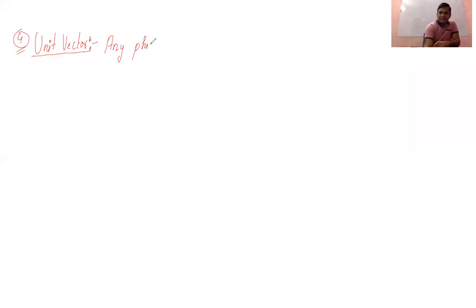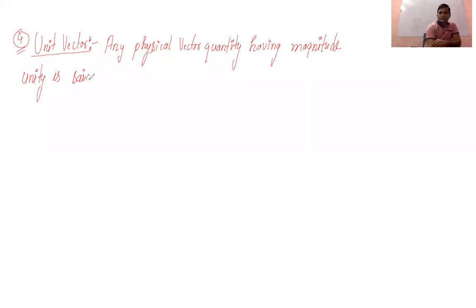So we can write here: any physical vector quantity having magnitude unity is said as a unit vector.